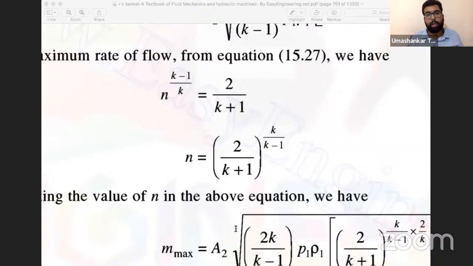Now see this formula and this formula. Both are the same only. I can't find any difference in the formulas.